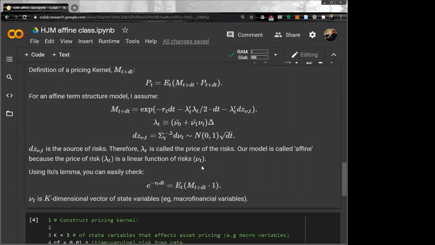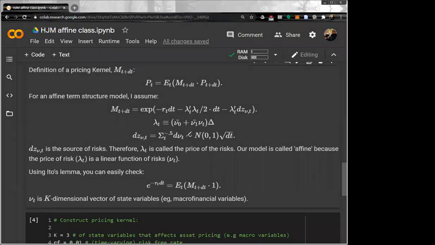for convenience. And this dz_nu_t is basically a stochastic term. Intuitively, it is something we cannot forecast in the process of this nu_t part.